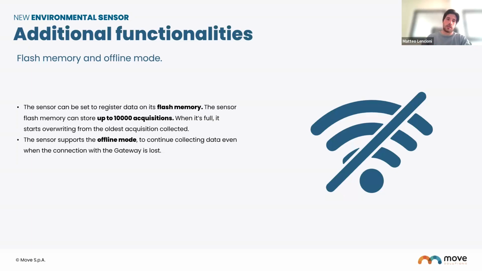It will store those acquisitions on its flash memory. It's an extremely interesting feature because it gives you time to go and fix the problem in your installation without losing the data, and you can still have continuous data.